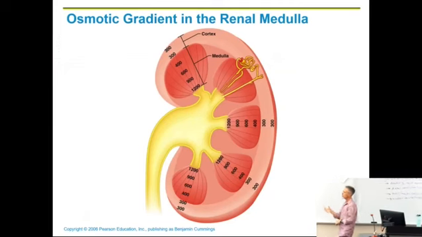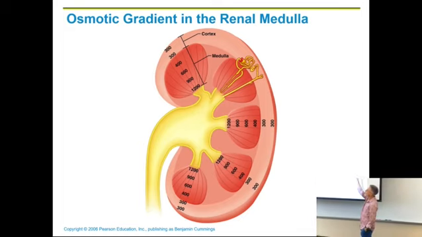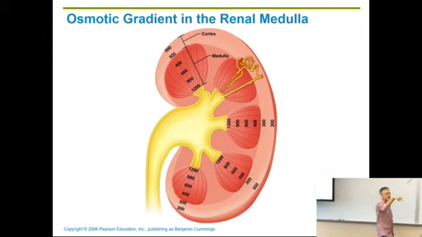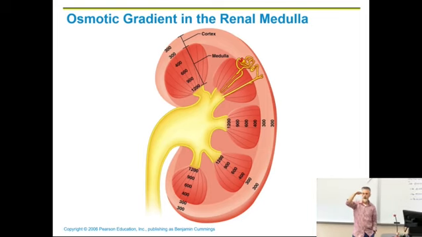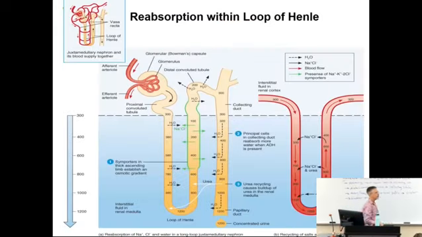So this shows us that gradient, right? So this is in milliosmoles, and it's showing us how in the cortex, it's about the same concentration as what we were filtering out of the blood originally. But as we go deeper and deeper into the medulla, it gets more and more concentrated, up to 4 times as concentrated, right? So there's that overall trend that we're kind of explaining as we look at that nephron.